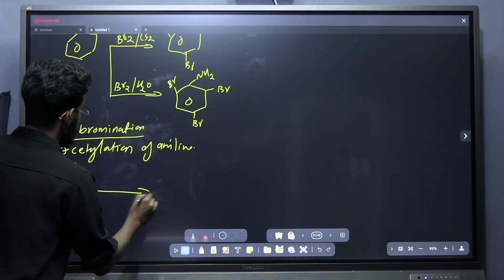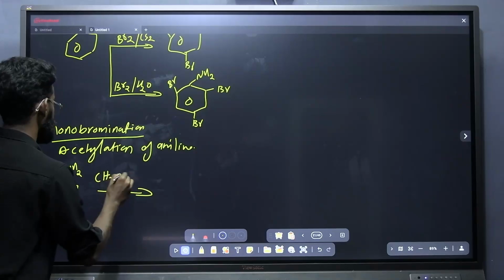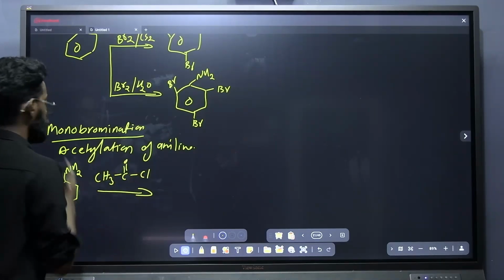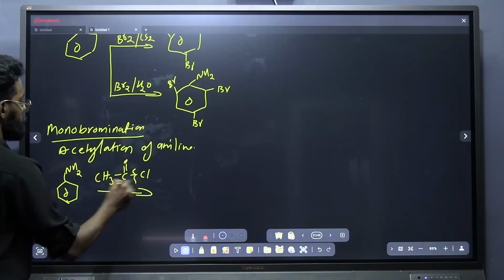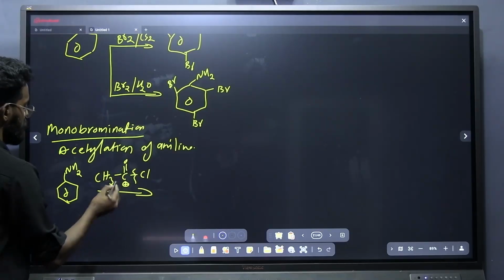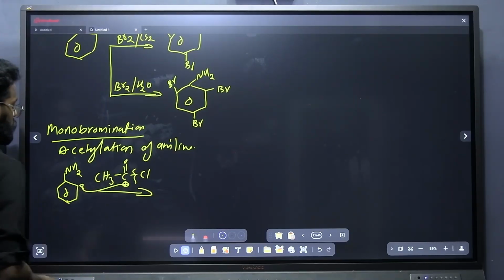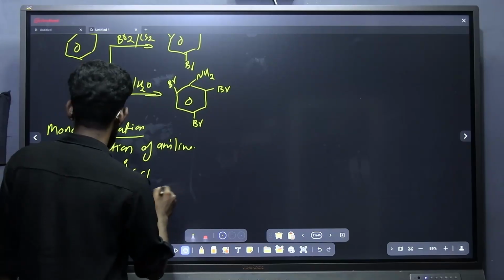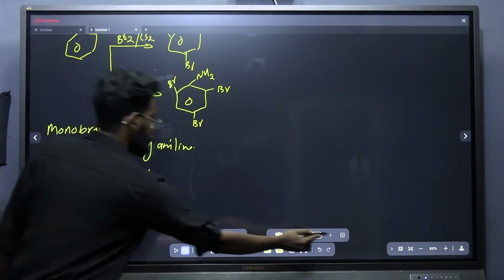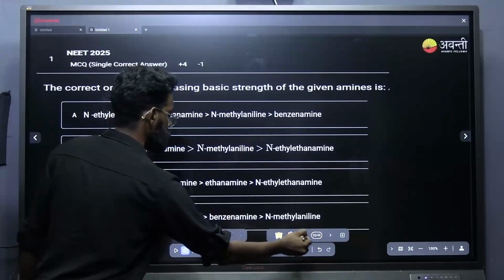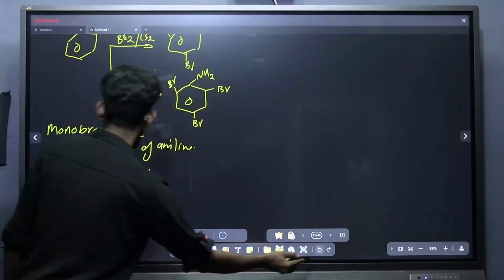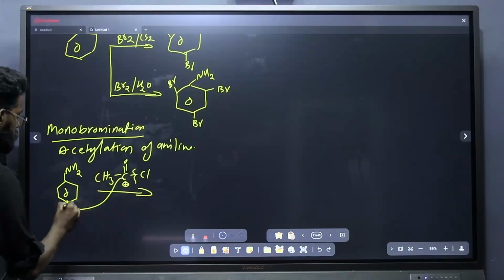NH2, CH3 C double bond O Cl. Okay, there will be a formation of carbocation here, and that carbocation will be attaching on the ring.